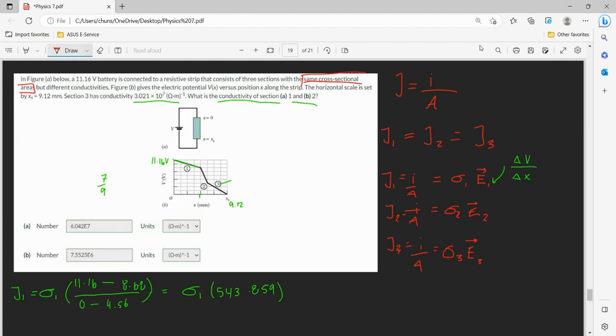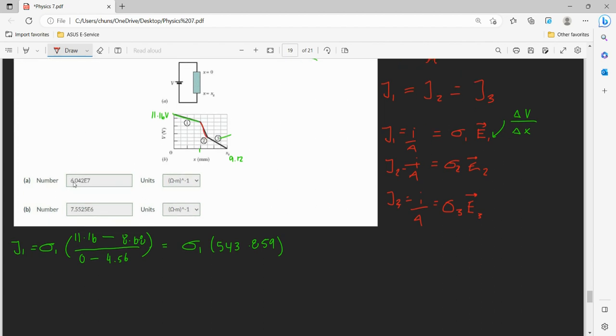Our second slope for section 2. So now we're going from 8.68 volts and our change is down to 3/9.